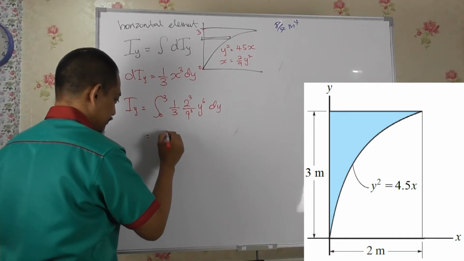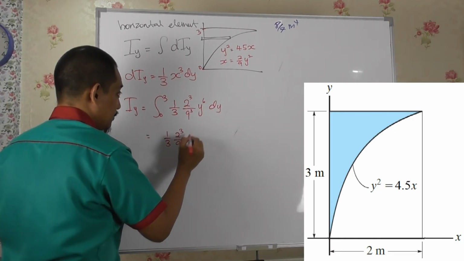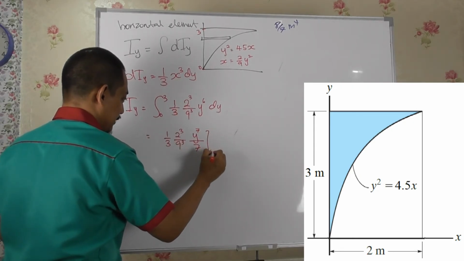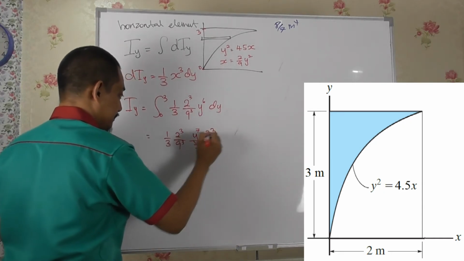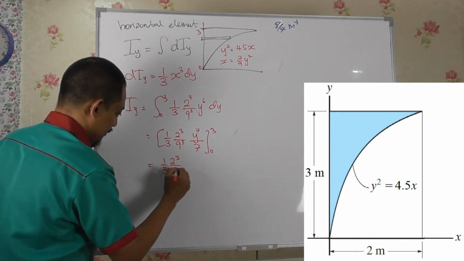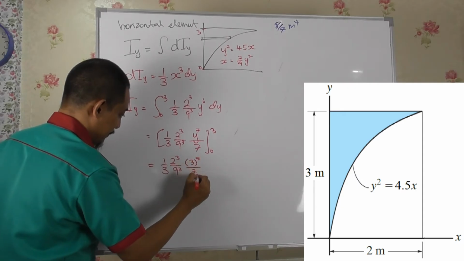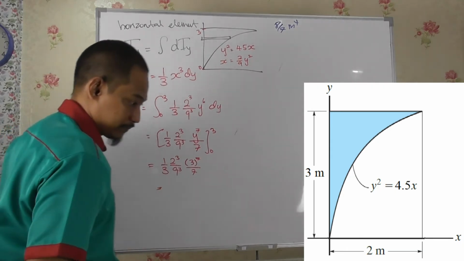Whatever it is, you can calculate on your own. So y to the power of 7 over 7. You can plug in 0 and 3. So 1 over 3, 2 to the power of 3, 9 to the power of 3, and then 3 to the power of 7 over 7, minus 0.